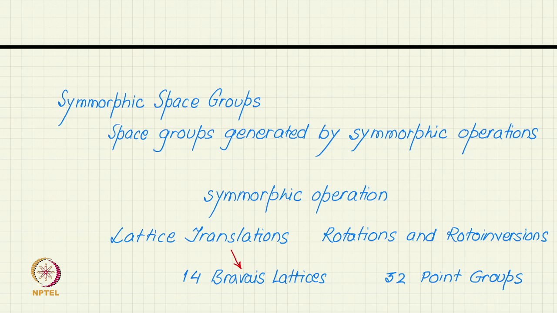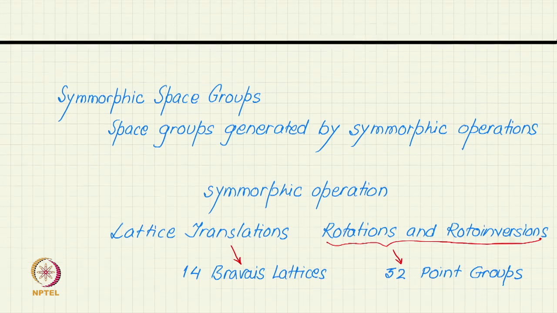And we have also seen in detail that different kinds of rotations and roto-inversions form point groups, and they can be classified into 32 point groups. So, essentially, if we want to combine these to form our space groups, we have 14 Bravais lattices and 32 point groups to play with.